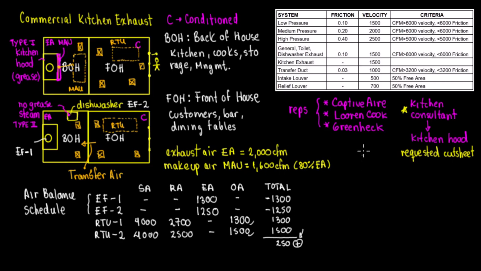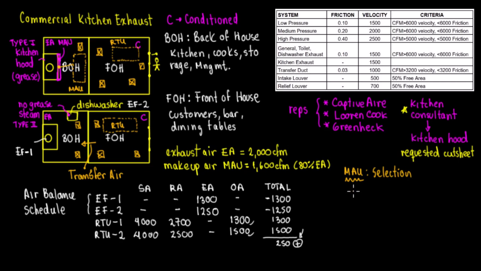Now, what I wanted to talk about also in this case is for my makeup air unit, some concepts. All right, so I'm going to put in here makeup air unit, a little bit of a selection. So what's my selection for a makeup air unit?